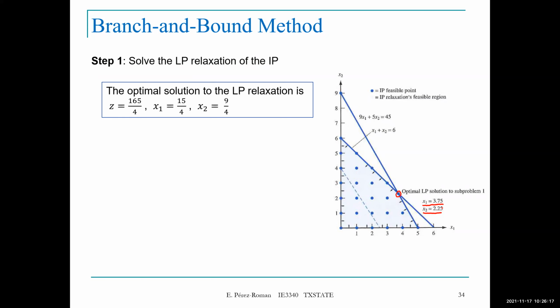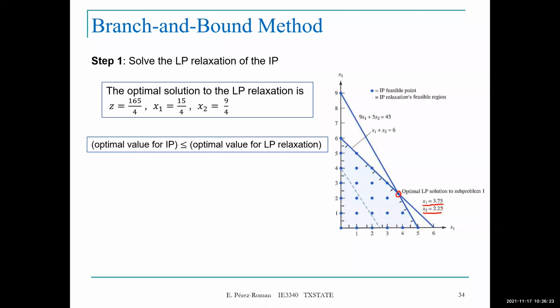So we have to apply the branch and bound method now to explore this solution space. As a rule, the optimal value of the integer programming model is always less than or equal to the optimal value of the LP relaxation, which means that the solution you obtain for the linear programming problem is always greater than or equal to the integer programming solution.